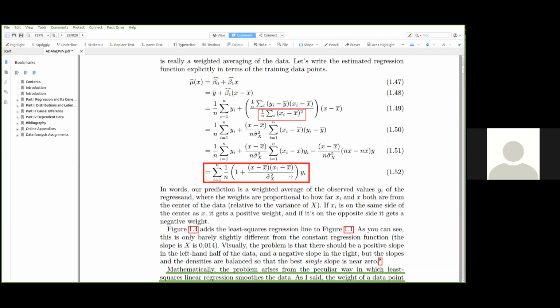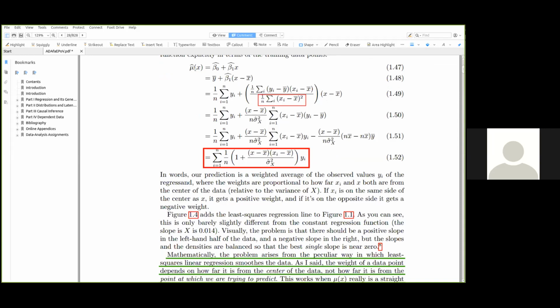So finally, what you can see is you can represent mu hat of x as this term, which is basically a weighted sum of different yi's. How do you calculate the weight given to each yi? You use the corresponding xi for each data point.